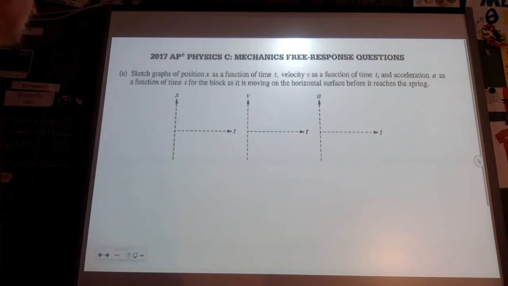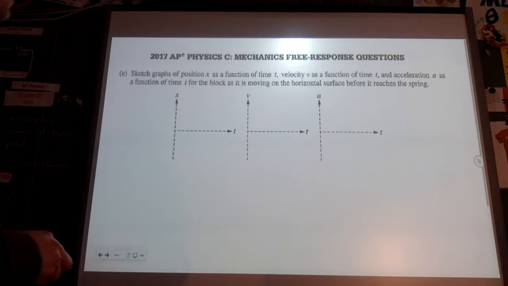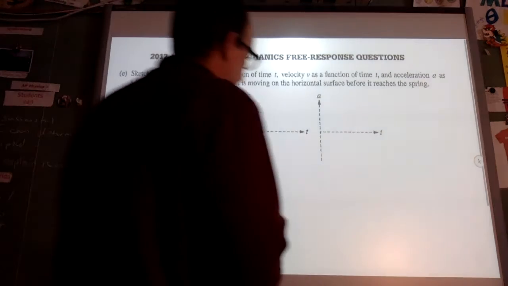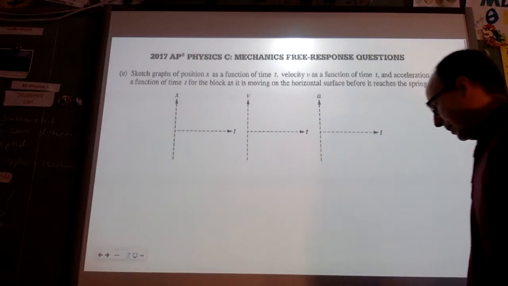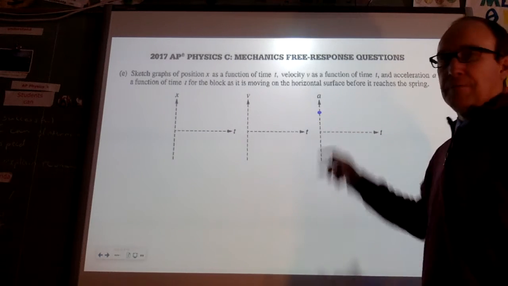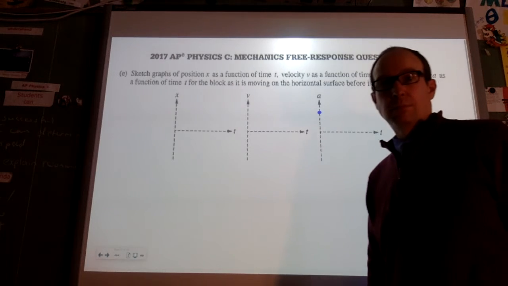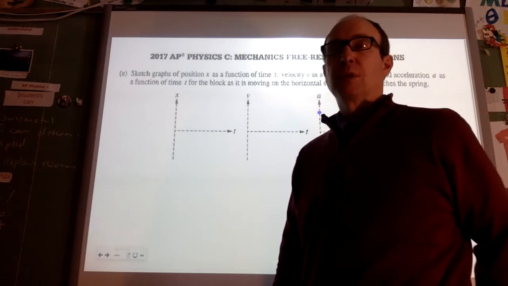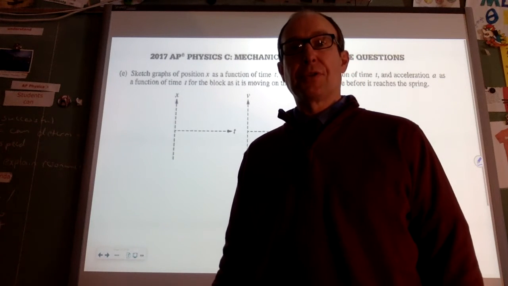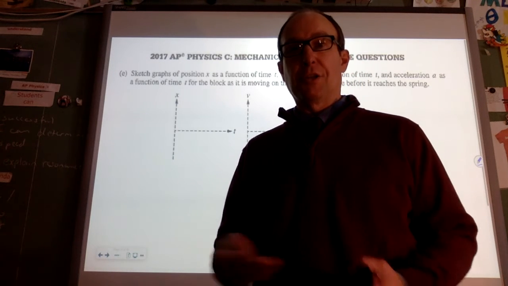All right, sketch the graphs of position x as a function of time, velocity v as a function of time, and acceleration a as a function of time for t as the block is moving on a horizontal surface before it reaches the spring. So the acceleration is going to start at a maximum because that's the fastest I'm going to be going, and then it's going to decrease because I'm going to start slowing.